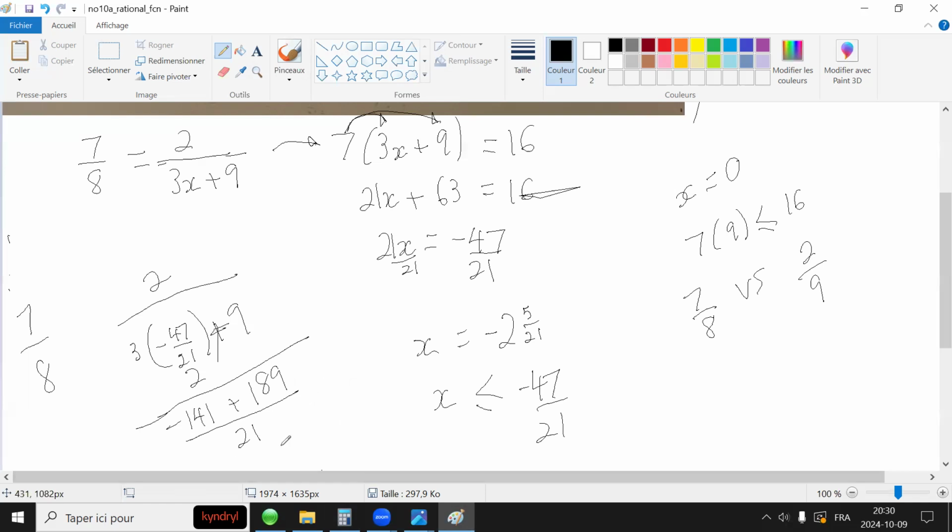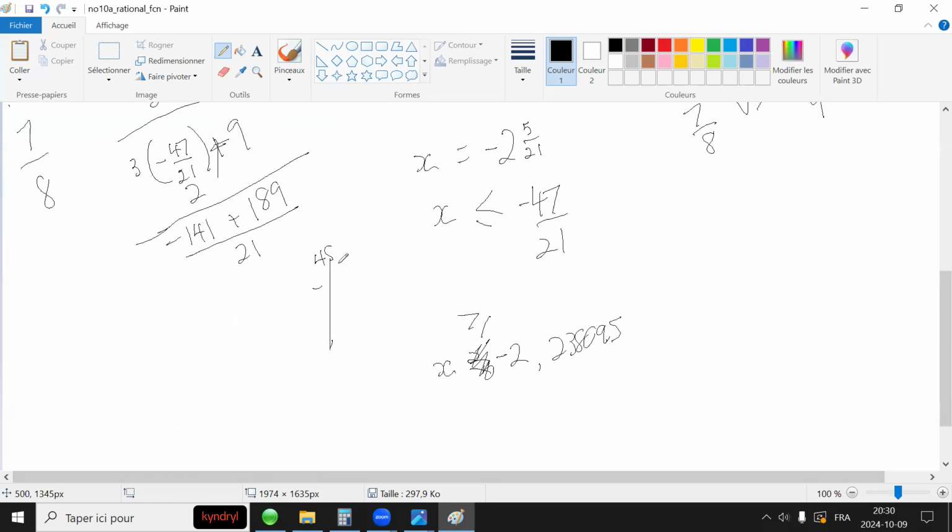So I have 48 divided by 21. Sorry, it does that all the time. Then I have 2. That doesn't change. So I end up having 2 times 21 over 48, which gives me 42 over 48. If I divide by 6, it gives me 7/8. So it works. I mean, it works up to there.